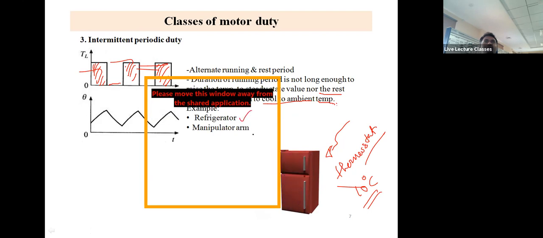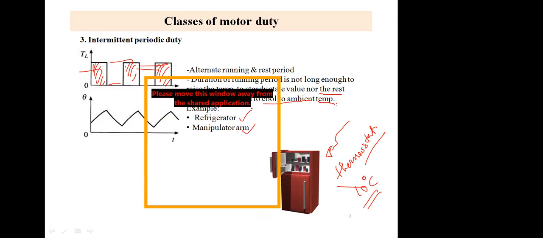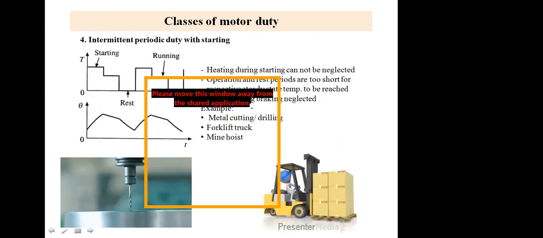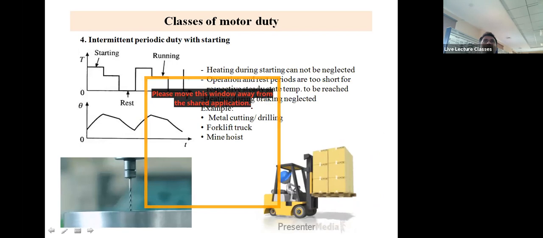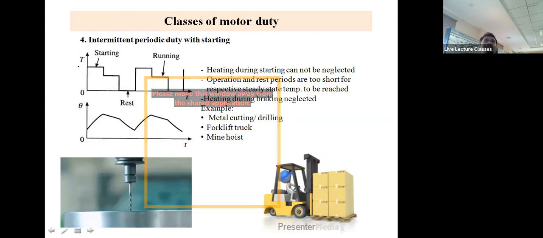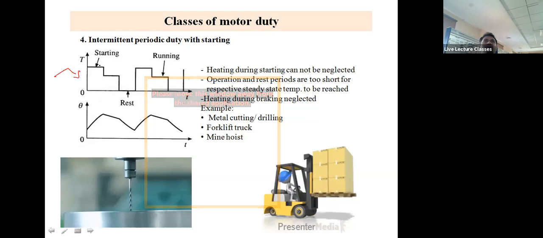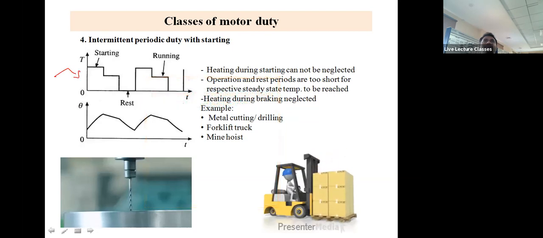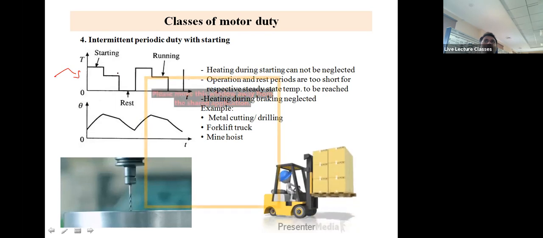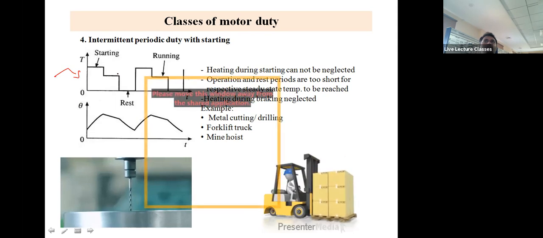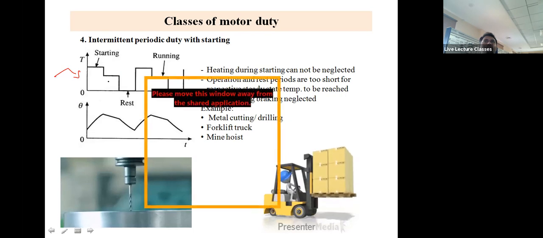So it's the refrigerator, the manipulator arm. Then we have the intermittent periodic duty with starting. This is a type of graph where you start, and the heating during starting cannot be neglected. Operation and rest periods are too short for reaching steady state temperature.